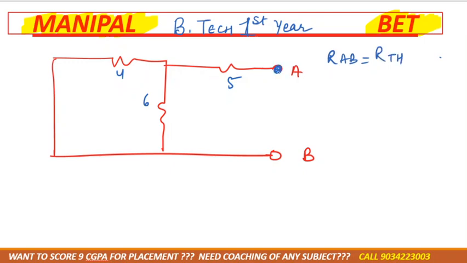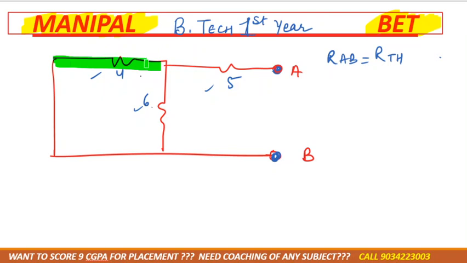Just imagine that you are standing at A, you need to move towards B. 4 ohm, 6 ohm and 5 ohm, these are all your friends. If two of your friends are on the same path, that means they are connected in series. And if two of your friends are on different paths, that means they are connected in parallel. So just start from here, with the 4 ohm.